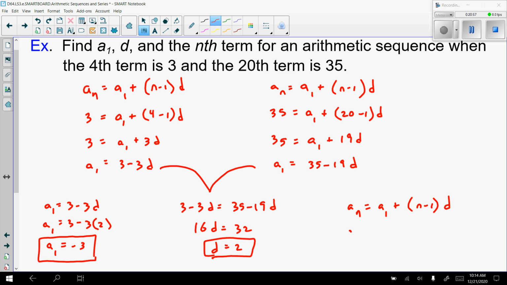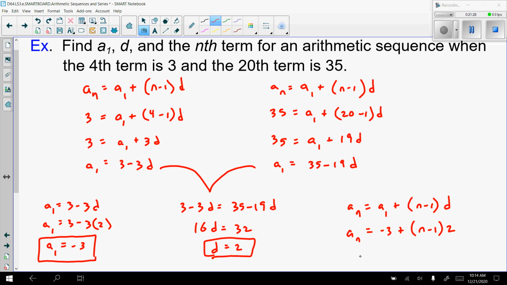Remember, I'm trying to find the nth term, so it will begin with a sub n equals, the first term is negative 3 because I just found that here, plus n, which stays as n because this is the nth term, minus 1, and the d in this case is 2.